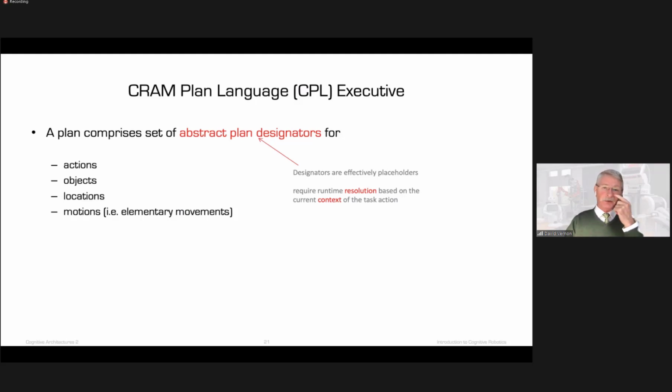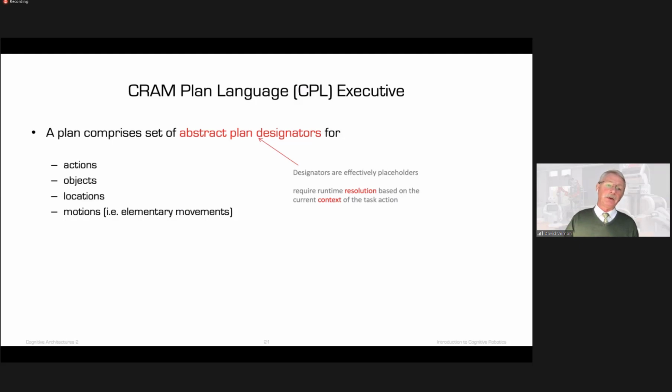There are 4 different types of plan designator. There are action designators, object designators, location designators, and motion designators. The action designators describe the actions that you want to carry out. Object designators are placeholders for information about the objects that you're going to manipulate, their pose, their appearance, their potential grasp points. Location designators identify places you should be if you want to be doing things successfully.